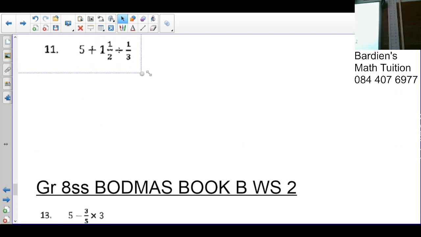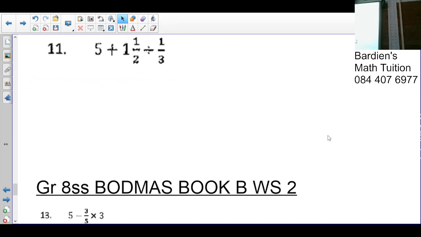What needs to be done first here? Division, yes, but you're going to first change to improper fractions, not so? So that's going to be our first step we always do. We're always going to convert our mixed fractions to improper fractions. Okay? So that's going to give you 5 plus 3 over 2 divided by a third.